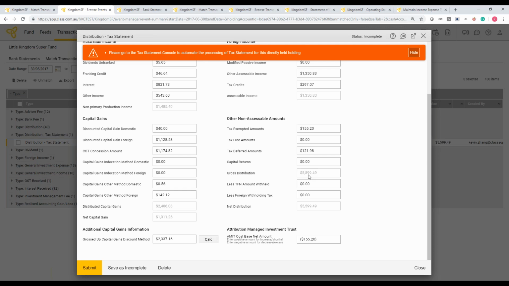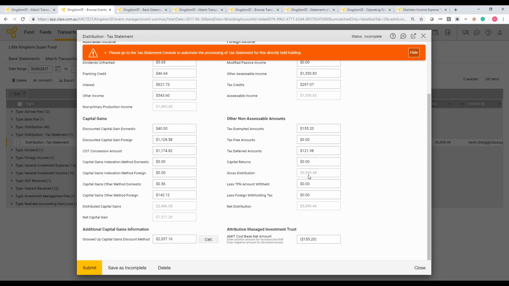So if you use 166.28 plus 0.23 minus that amount, it is exactly 155.20. So the AMIT should be 155.20, and the balancing item, which is tax exempt to match with the cash, is 155.20, and that amount matches exactly to the distribution tax statement summary on page 10.